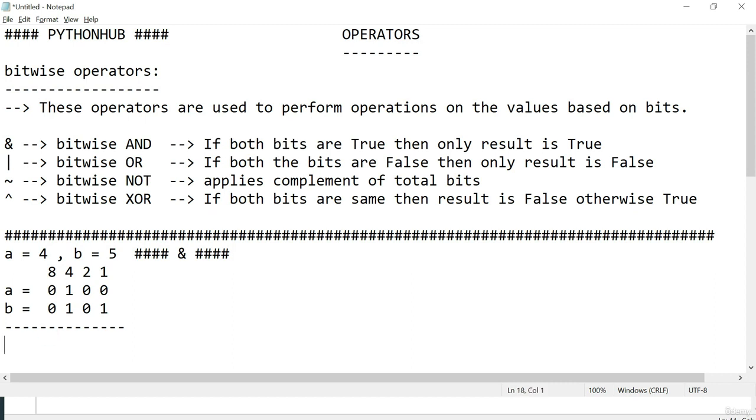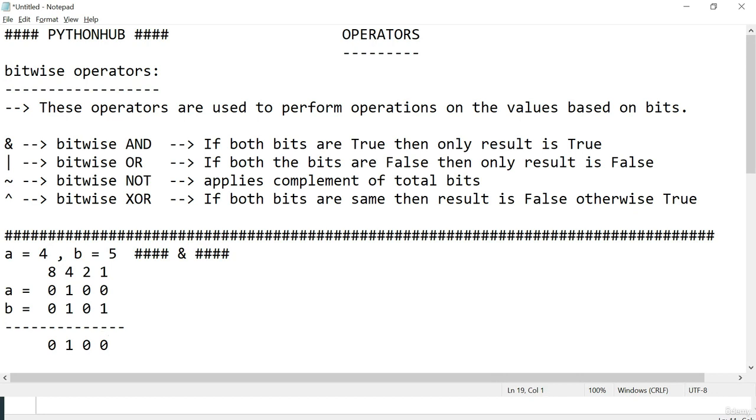Here, the first two bits are 0, so obviously the result is 0. Next, both bits are 1, so the output is also 1. Then both bits are 0, so the result is 0. Again, the first is 0 and the next is 1, so the result is again 0.